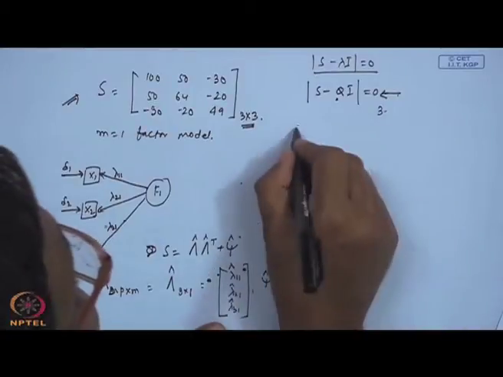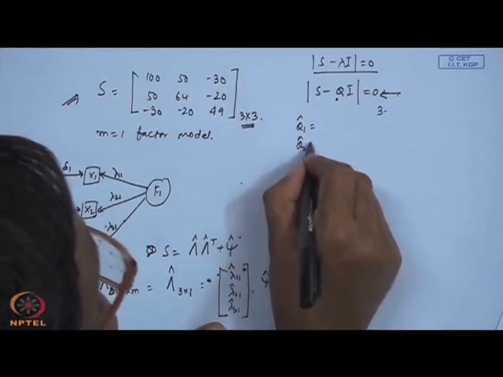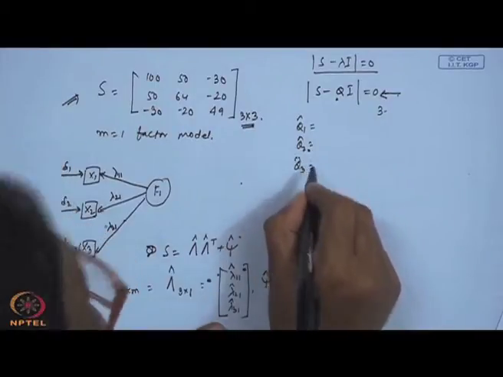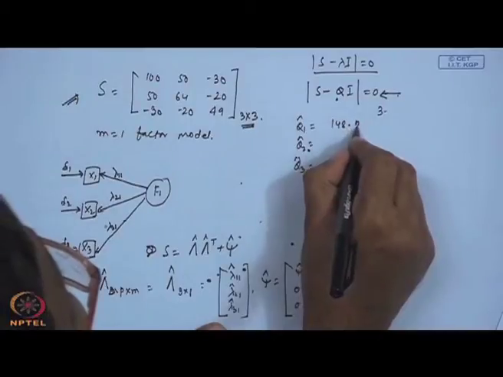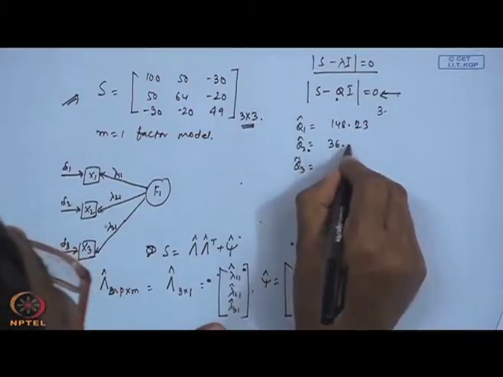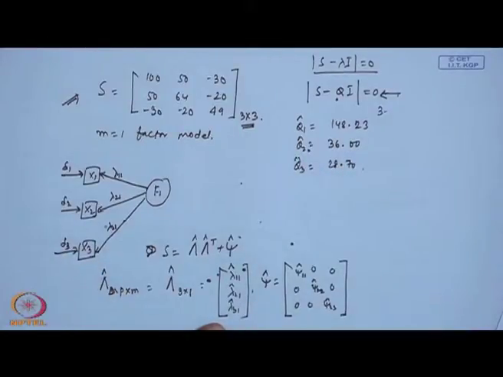So your roots will be Q1, Q2 and Q3, and these values are 148.23, 36.00, 28.70.